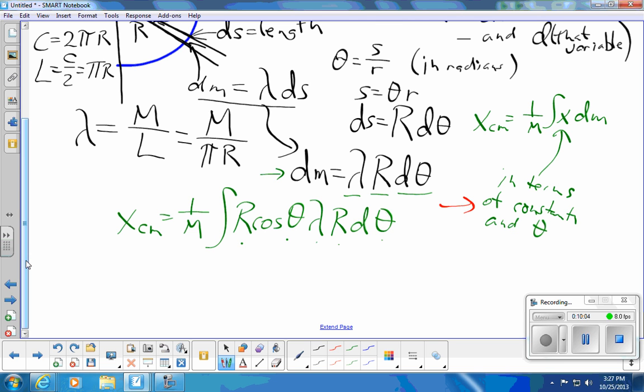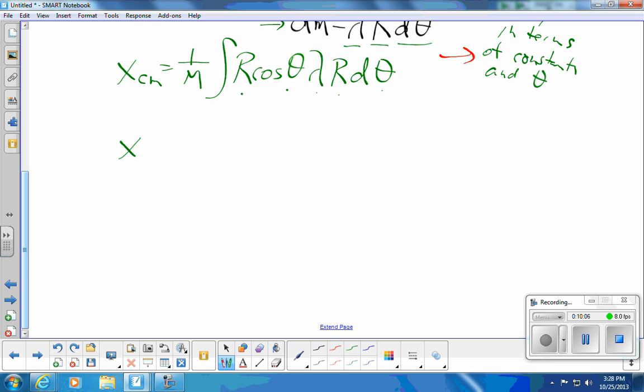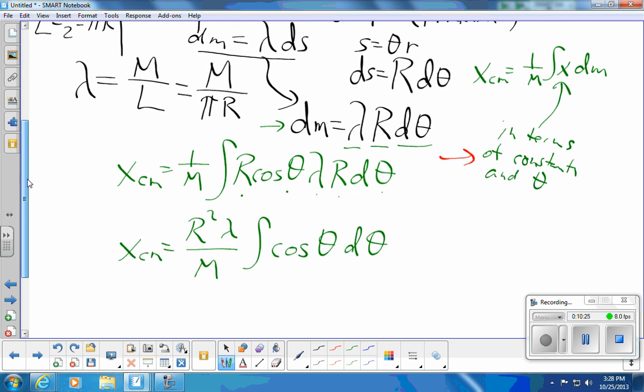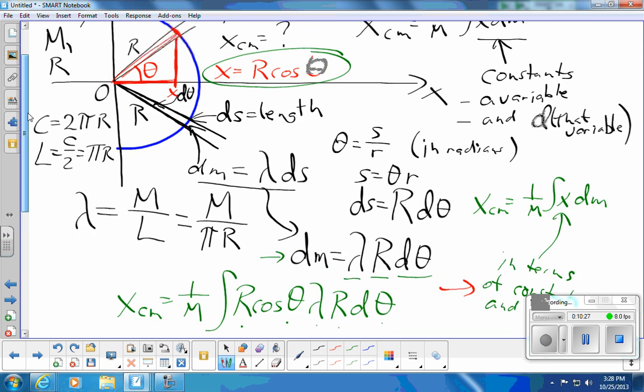Okay, let me pull the constants out. X cm is equal to, I've got two r's and a lambda, r squared lambda over m, integral of cosine theta d theta. And now that I'm ready to integrate, I should recognize what the limits are, or in other words, over what span of thetas I am integrating.